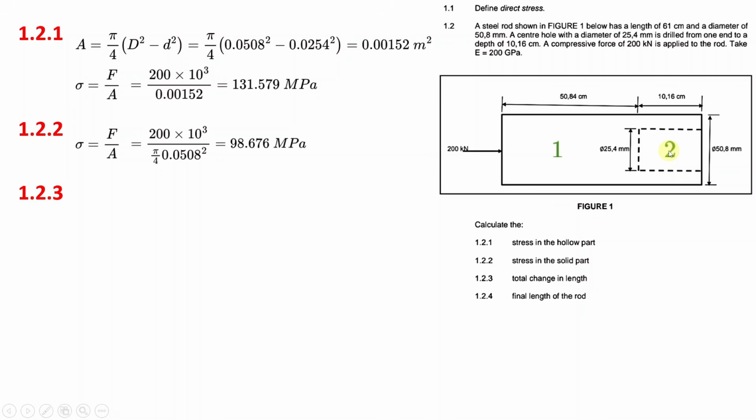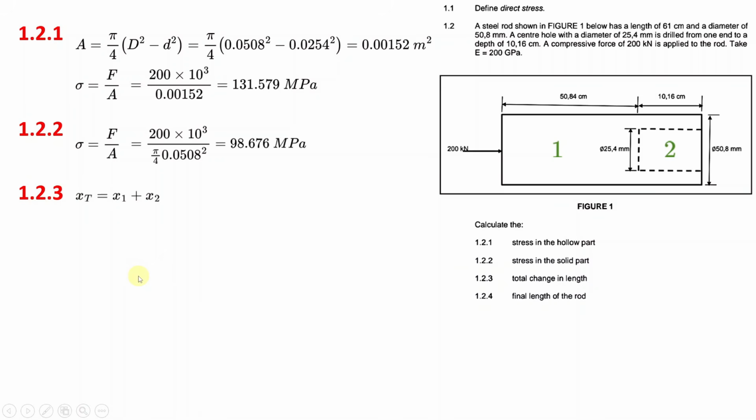Because they are not going to shorten in the same way or at the same rate because these two parts of the object do not have the same composition. One is hollow and the other is solid. Okay, but to get the total shortening, you need to add the shortening of 1 to the shortening of 2. Okay, I hope it is making sense.